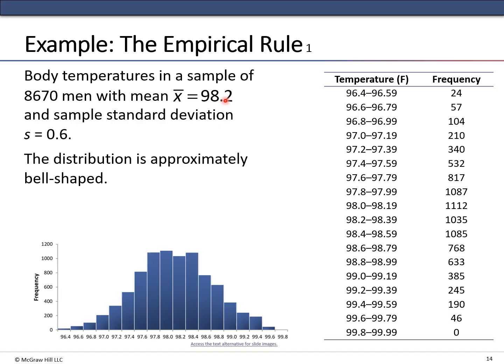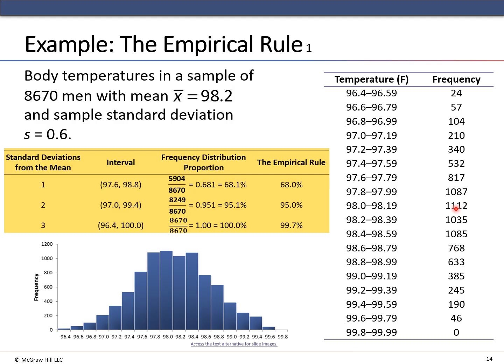So for example, within 1 standard deviation, plus 0.6 would give us 98.8, and minus 0.6 would give us 97.6. So if we look at the table over here, the data from 97.6 to 98.8 is the data that's within 1 standard deviation.